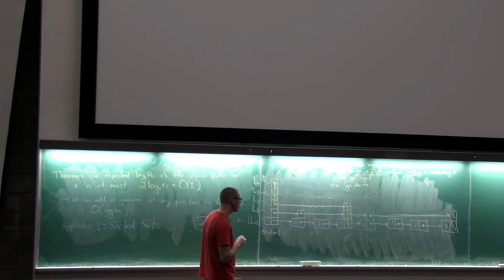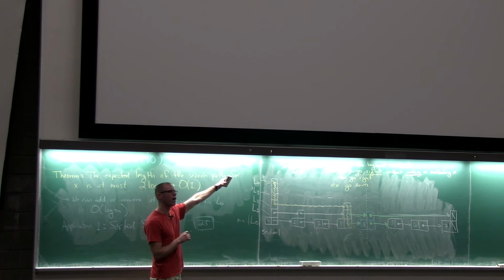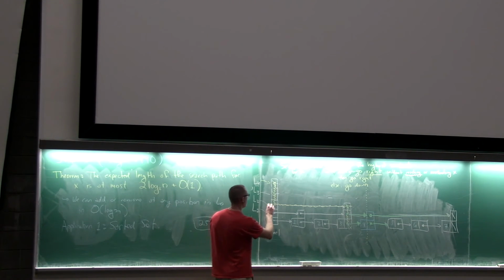Top down. Yeah, we start at the top and we start looking for 2.5. We know how to look for something in skip lists: we can follow this search path. We start at the top, and if we can go right without overshooting what we're looking for, we do.